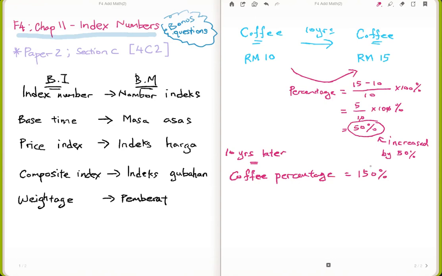You need to agree this is a very important terminology. Is it correct? The price of this coffee has increased by 50%, therefore the percentage 10 years later is 150%. So it's true. Now, it's correct, isn't it? Now, put it the other way.